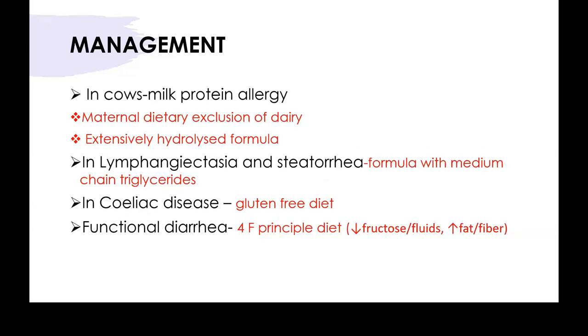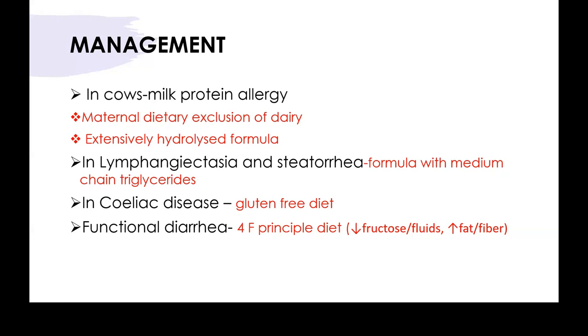And if you're suspecting cow's milk protein allergy, maternal dietary exclusion of dairy. So the mother should avoid having dairy food, which can improve the condition if the mother is breastfeeding. And extensively hydrolyzed formula. There are various extensively hydrolyzed formulas, amino acid formulas. I'm not going to speak out the brand names, but there are products available in the market which can be considered.